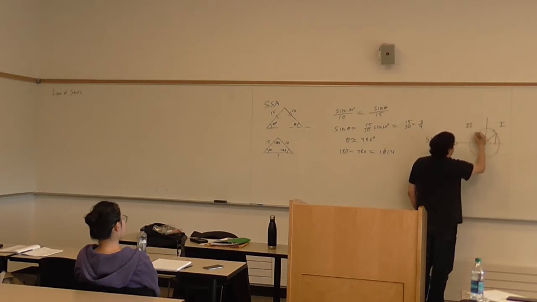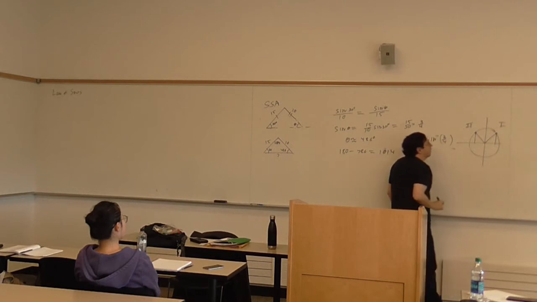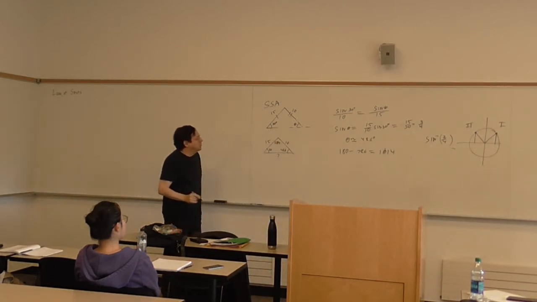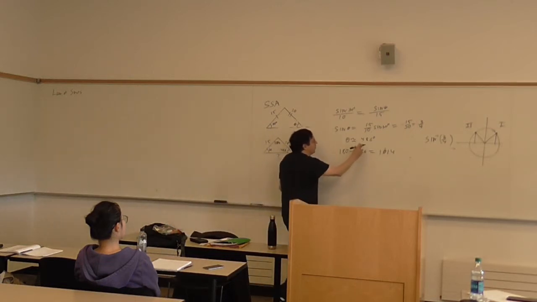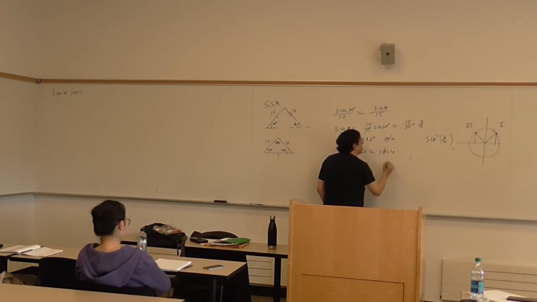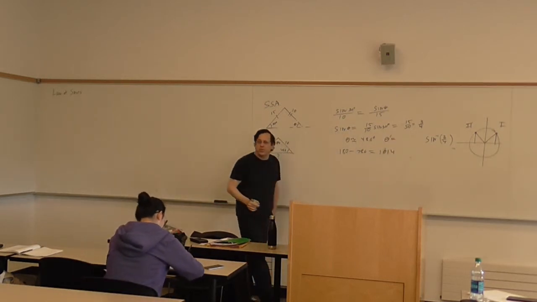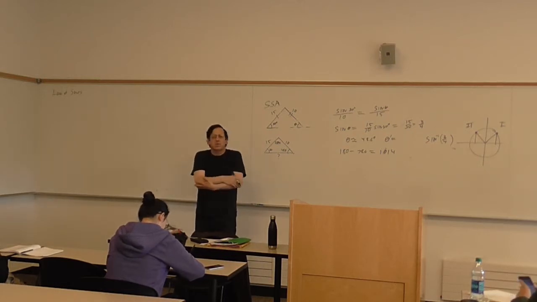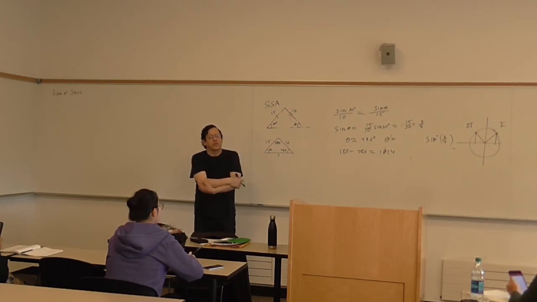So there's some other angle over here that has the same sine. What's that angle? This is 48.6. What's this? We'll call it theta prime. What's that angle, the other angle whose sine is going to be 3/4? We just did a problem like this a minute ago.